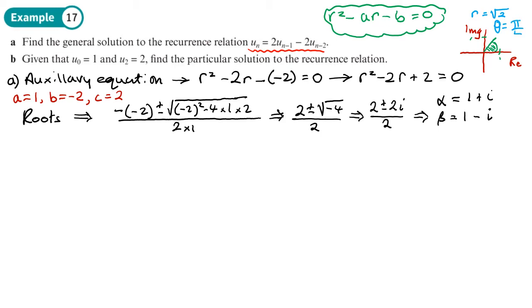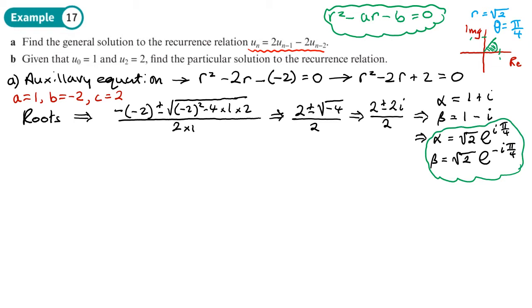So I don't really need to do any calculations, I can easily see what those roots are. My roots in exponential form will be alpha equals root 2, that's r, times e to the power i pi over 4. Then the other root will be the same thing, but the argument will be negative i pi over 4. So I now have my roots in exponential form and in a plus ib complex number form.